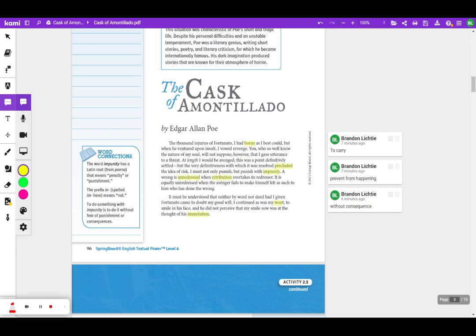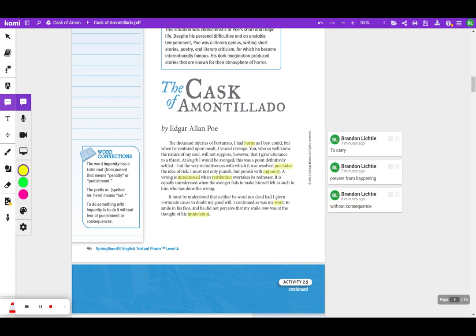We did the IM prefix activity earlier, so you're familiar with this word. What he's saying is, I have to get my revenge, but do it in a way where I don't get caught, or I don't receive any consequence back from Fortunato. So that is the first criteria. He has to get revenge with impunity.